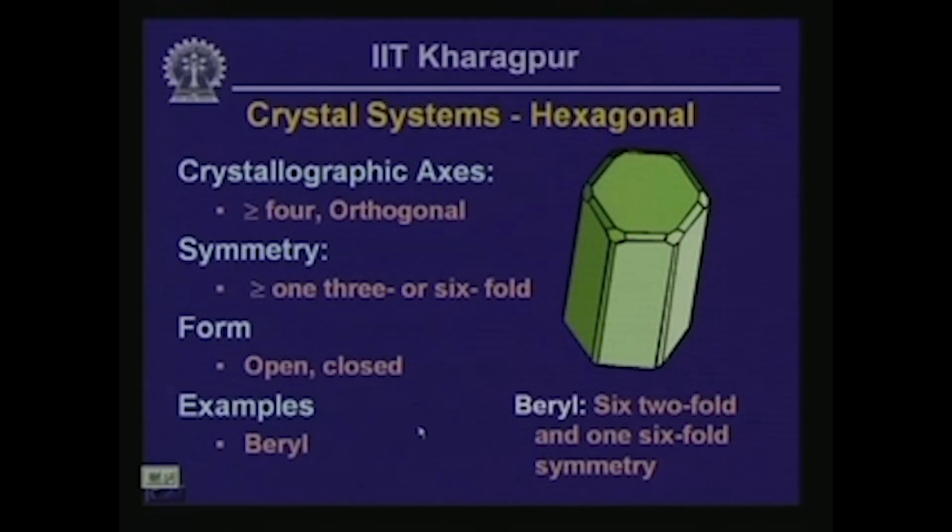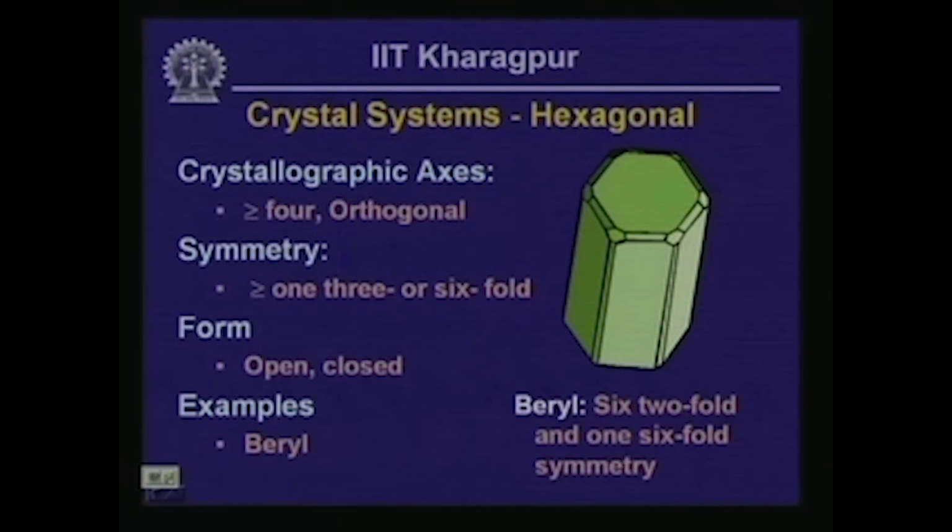Okay. Next one up in the order is the hexagonal crystal system, and the name makes it very clear that you are going to have a hexagonal symmetry in this case. That means you are going to have at least one 3 or 6 fold symmetry.